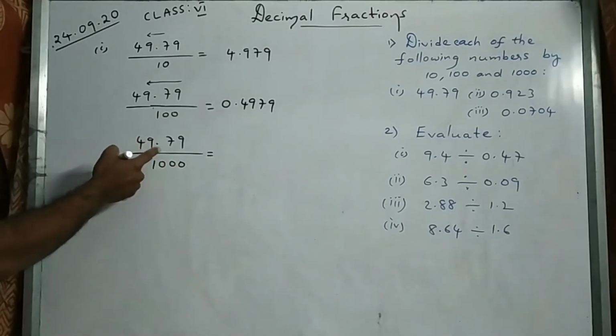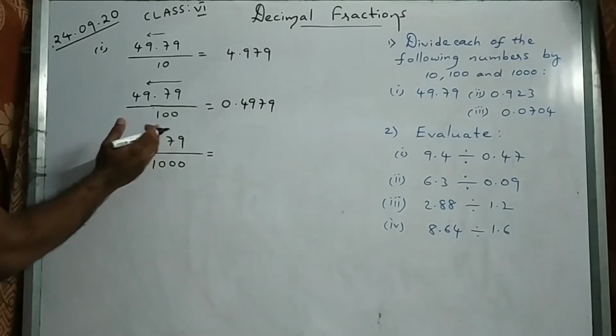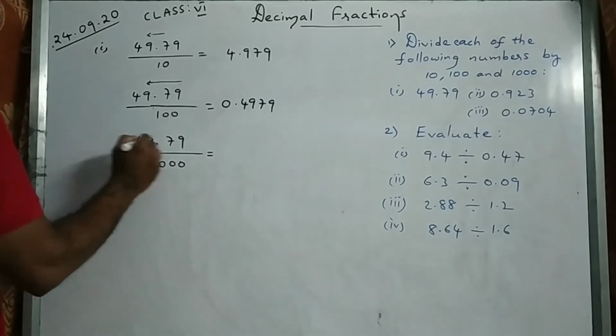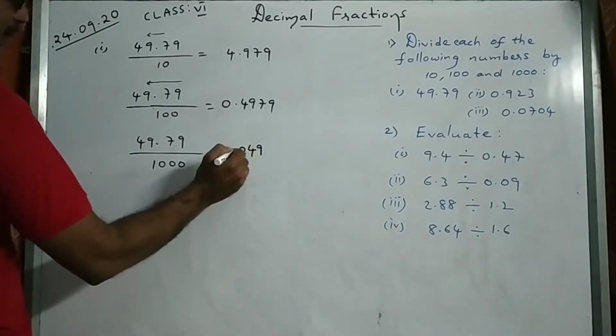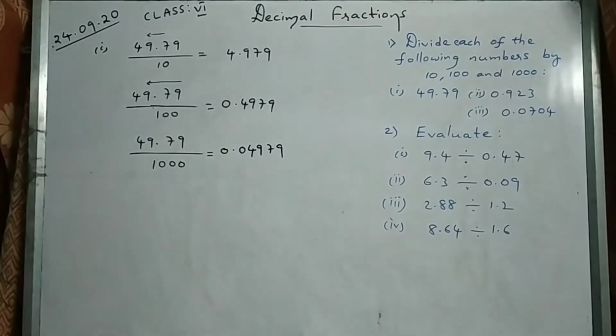Listen carefully. The decimal point has to move towards the left side 3 digits, but we have 2 digits only here. That means another digit must be 0. So 79 as it is. Answer is that.